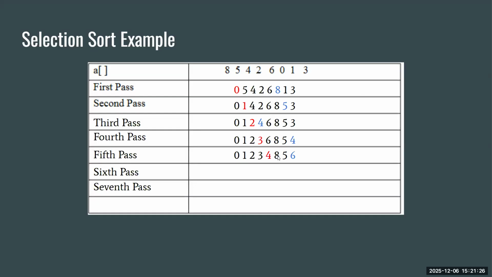And then we're going to look for the minimum value here, which is 5. So 8 and 5 are going to be swapped. And then finally for the seventh position, or index 6, we're going to find the next minimum value, which is 6. And we're going to swap 8 and 6 to get the final answer of this sorted array.